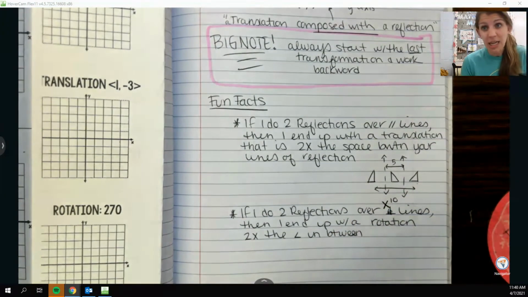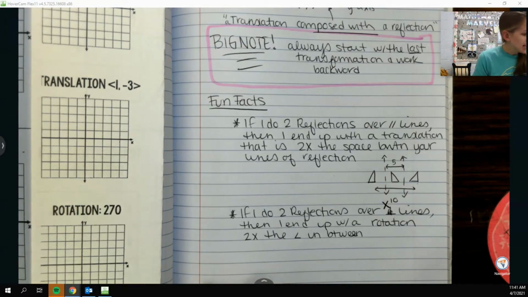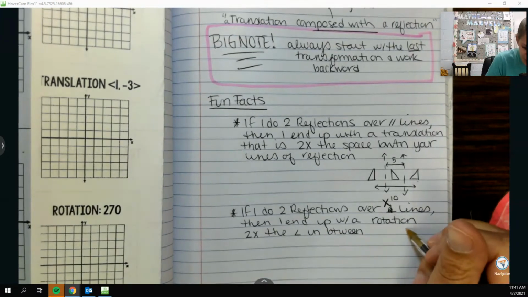So like if it was 90, then it would be 180, but it didn't have to be. Like it could be that the lines are crossing at a 30-degree angle, and when I rotate it, it'll be a 60-degree angle, which would feel really awkward to do because we haven't done non-90-degree multiples, but super cute and fun.